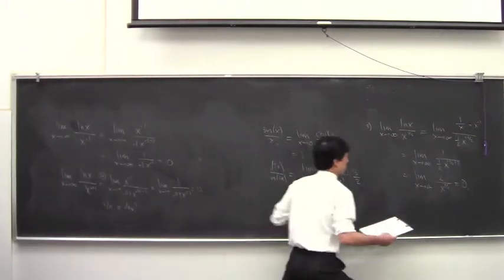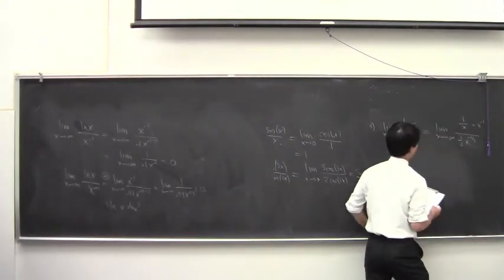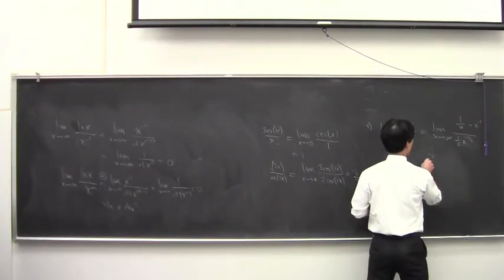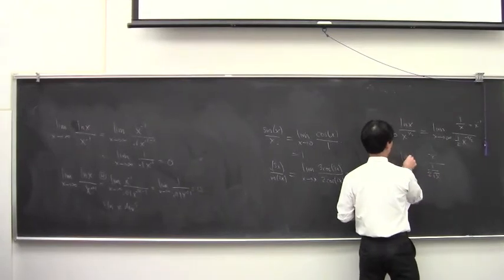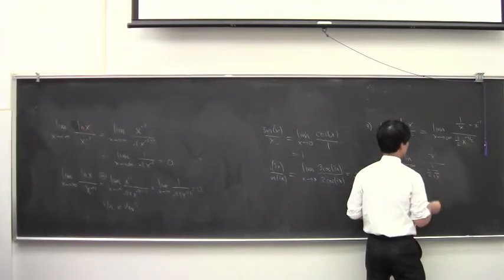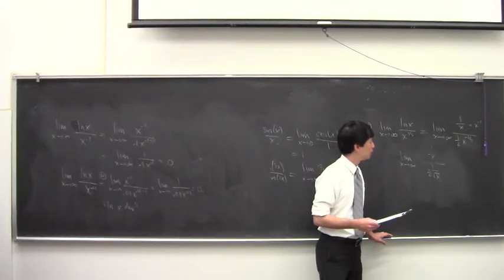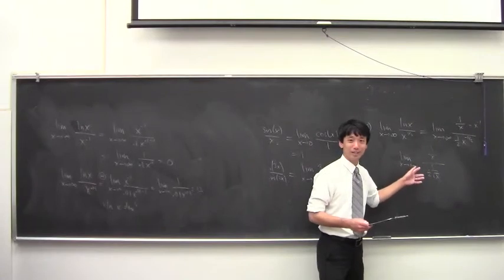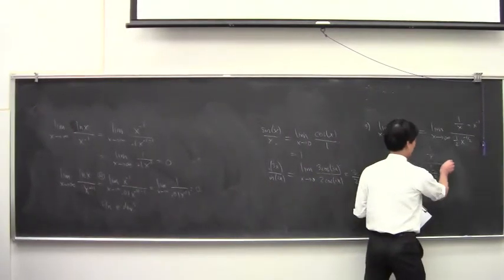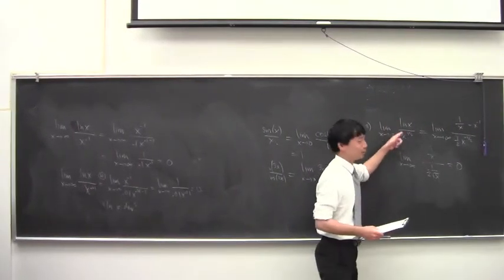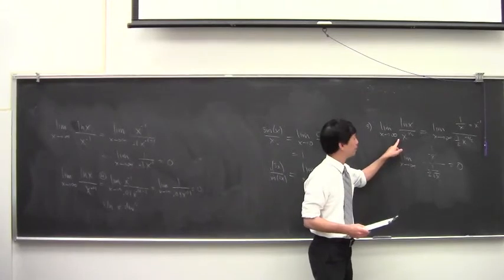So we have 1 over x on the top, and we have 1 over 2 square roots of x on the bottom, as x goes to infinity. So doesn't the 1 over x get to 0 faster? That's good. Then we get 0. So natural log loses, right? It's slower, isn't it?